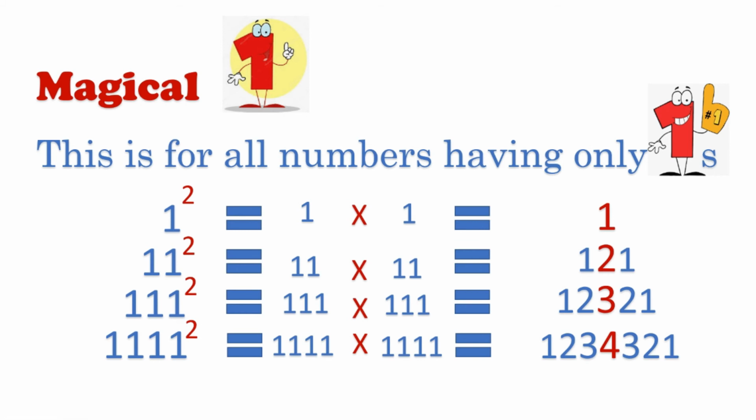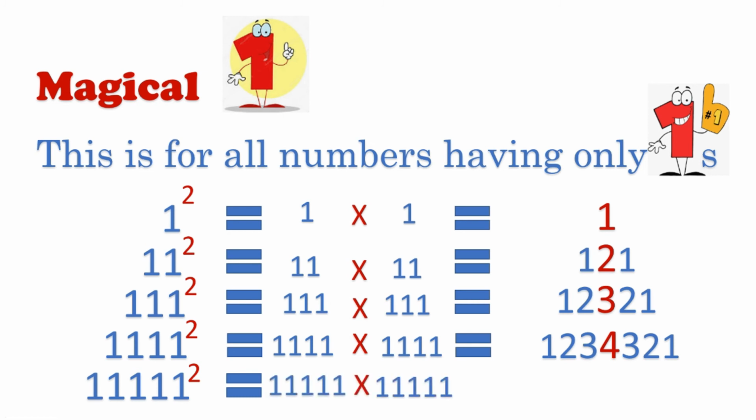Similarly, let's look at 11,111 into 11,111. Well, what will come next? You are right, it's a 5-digit number, so 5 comes in center and we reduce on both sides to 1. So your answer is 123454321. And this saga continues.